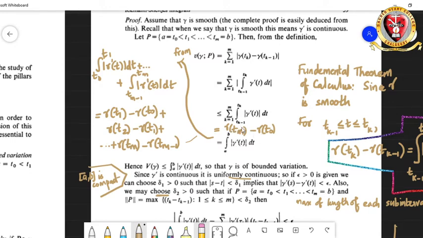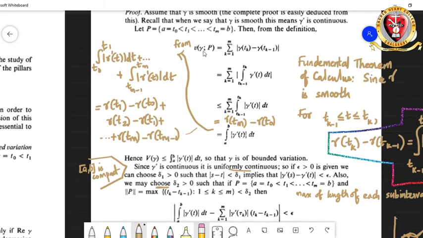By the fundamental theorem, we know that that is nothing but the integral from t naught to tm. T naught is a and tm is b. So the integral from a to b of modulus of gamma dash of t dt. Very simple.